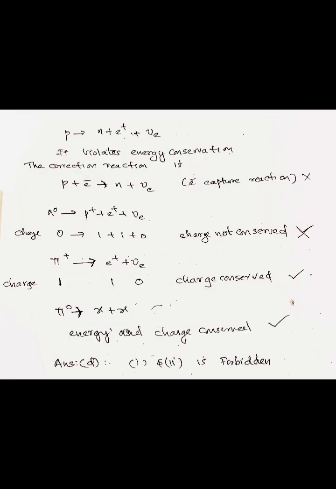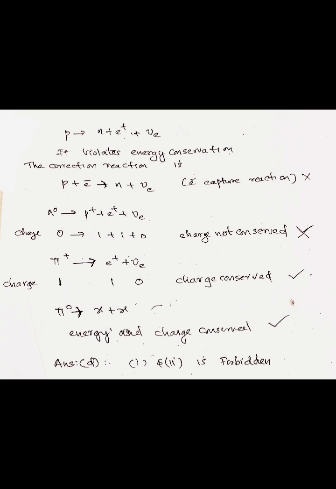So, in the first reaction, that is p gives n plus e plus nu e, it violates the energy conservation because the correct reaction is p plus e gives n plus nu e, because it is an electron capture reaction. So the given reaction is wrong. So it is a forbidden reaction.